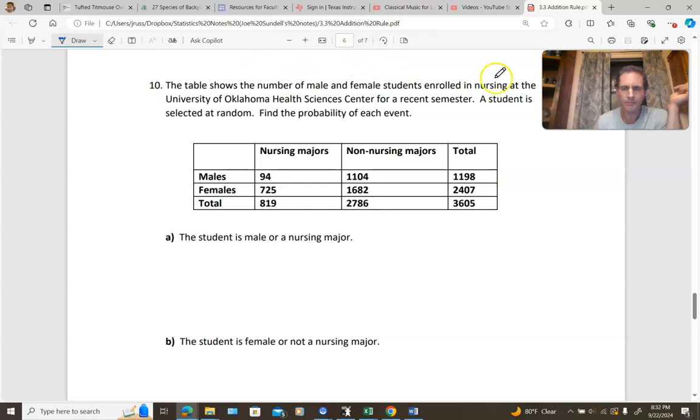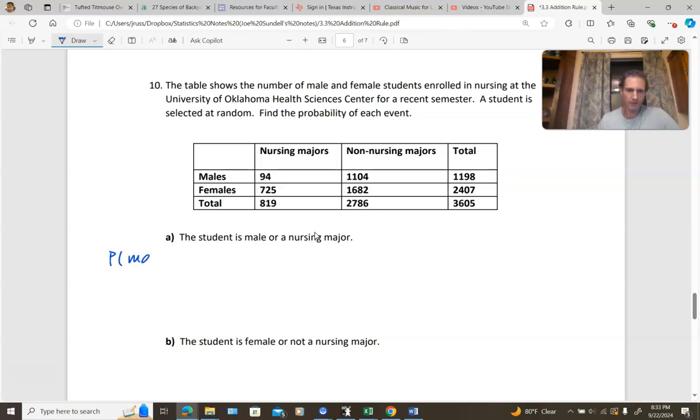Okay, so this table shows the number of male and female students enrolled in nursing at the University of Oklahoma Health Sciences Center, okay, for a recent semester. So a student is selected at random. So we want to find the probability of each of these events. The student is male or a nursing major.